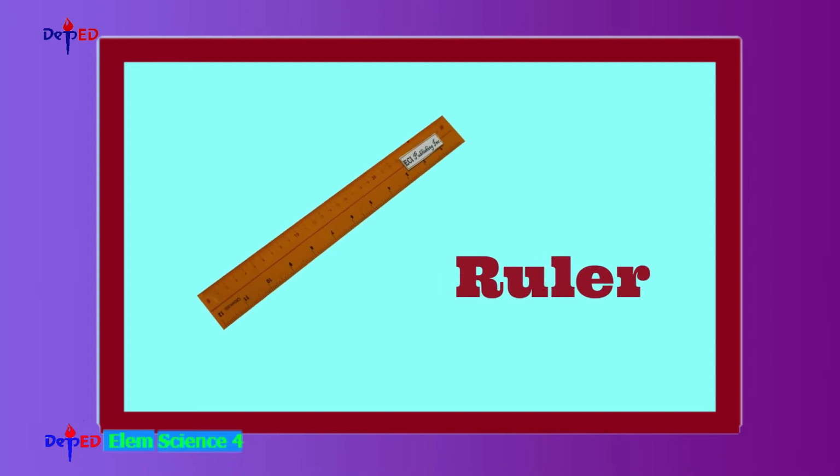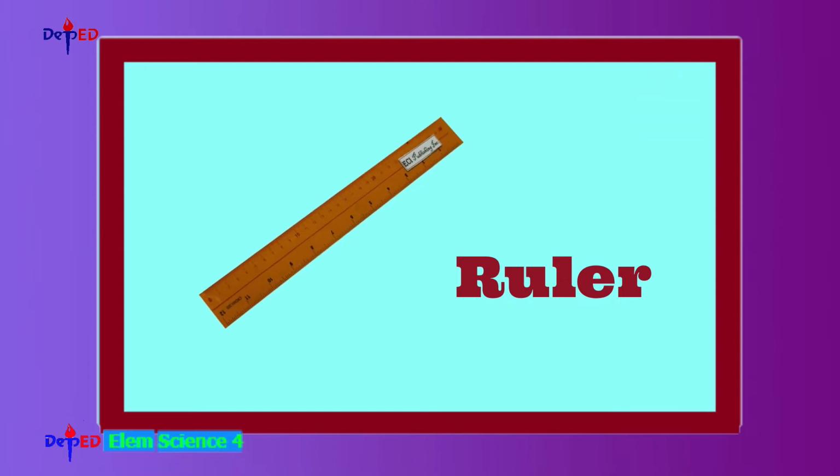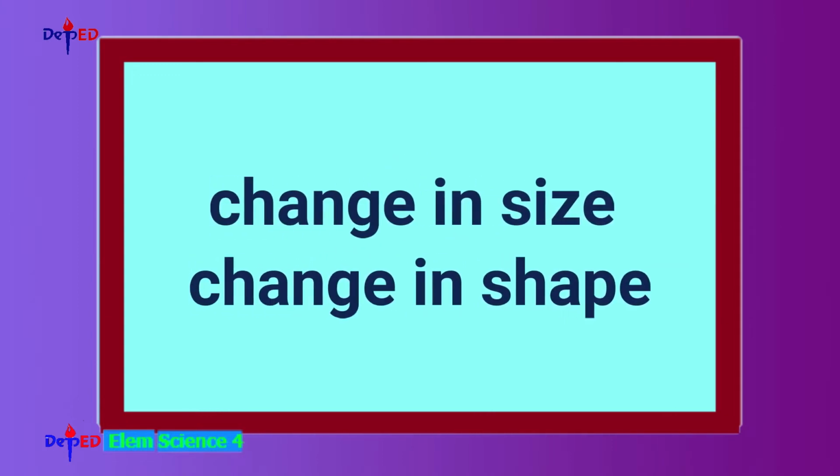Are you ready? Let's start. Number 1. Ruler. The correct answer is change in size and change in shape.